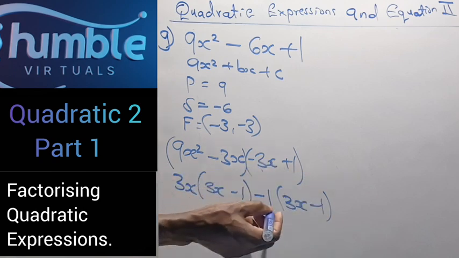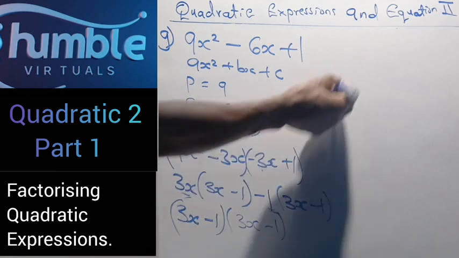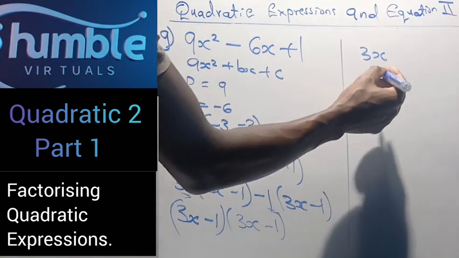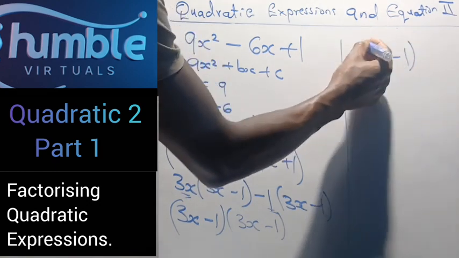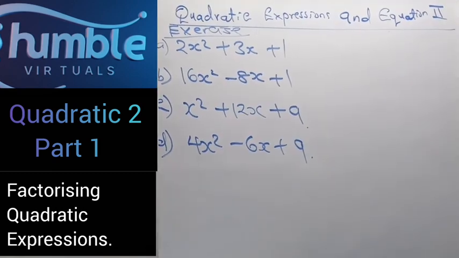Then pick the numbers outside the bracket and put in one bracket. So this one will give us 3x minus 1, and then 3x minus 1. You can see that this bracket and this bracket are the same. So therefore the final answer will be 3x minus 1 squared.